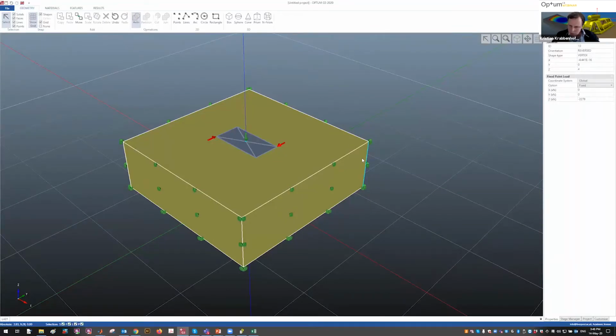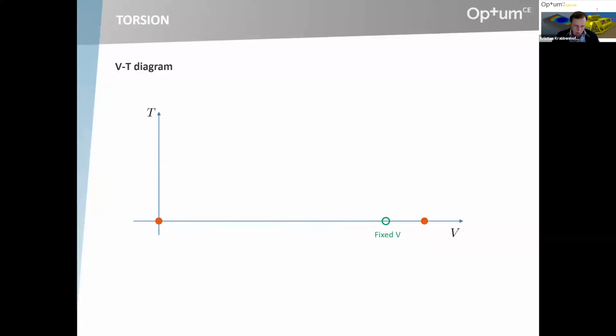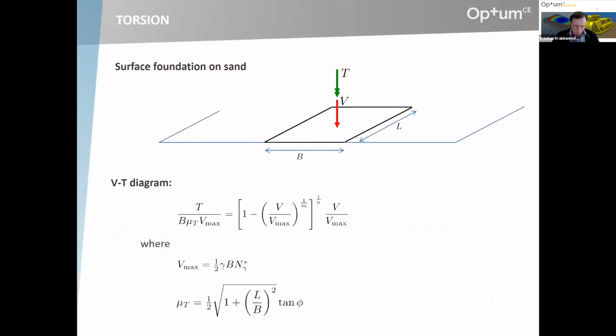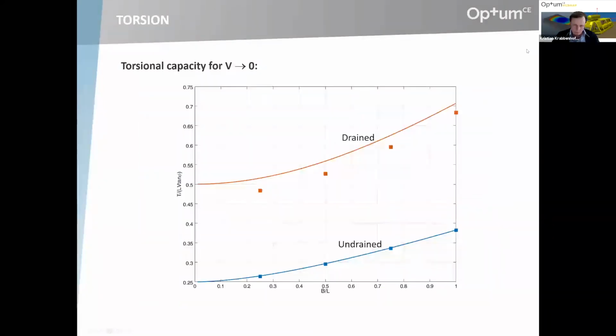Yeah, the influence of shape on the torsional capacity. There's the influence of shape on the limiting torsional capacity. Where was that? It was over here. So that's basically shown here. The more we tend to a strip, it's 0.5 for a strip versus 0.7 for a square foundation, the relative torsional limiting capacity.